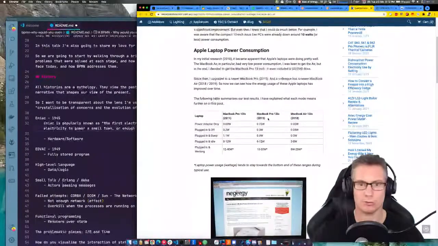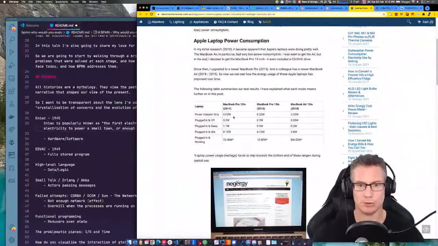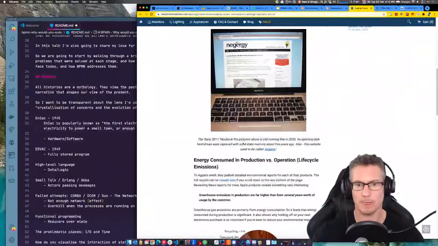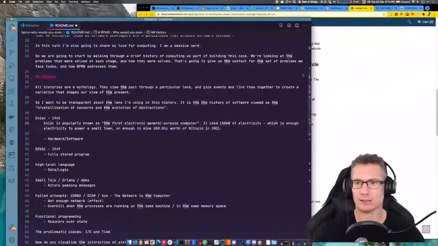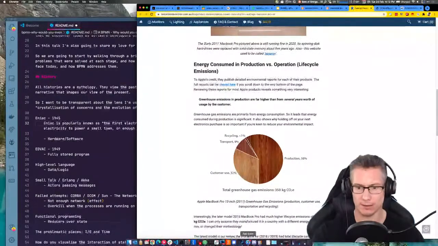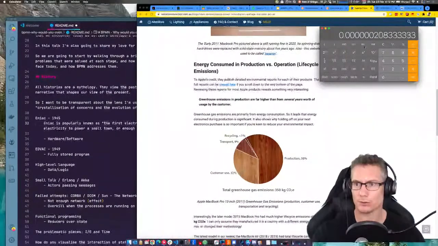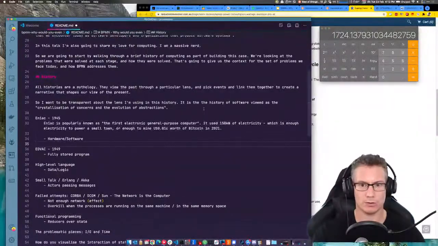MacBook Pro, 13-inch, power adapter only, plugged in and off, plugged in and working, 12 to 40 watts. So it's like 87. Let's call it 87. We'll max it out. So 150,000 divided by 87. Nearly 2,000 MacBooks.